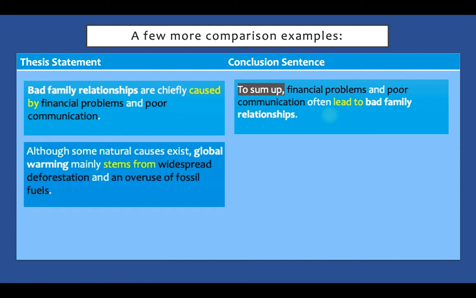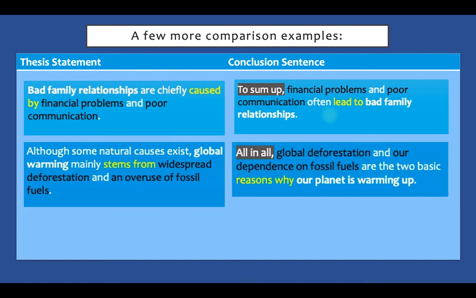Here's another one. Although some natural causes exist, global warming mainly stems from widespread deforestation and an overuse of fossil fuels. The conclusion version: all in all, global deforestation and our dependence on fossil fuels are the two basic reasons why our planet is warming up.